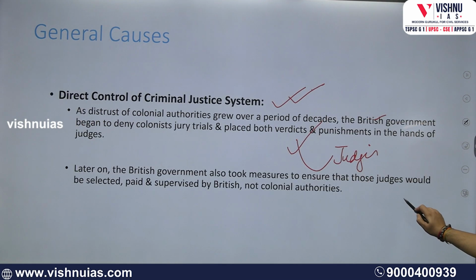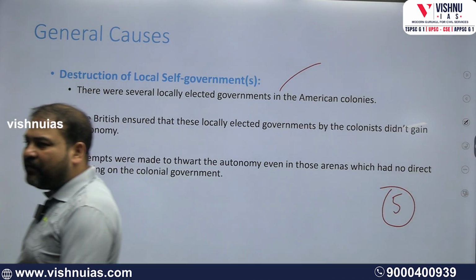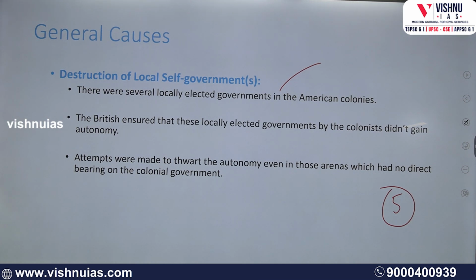So this was your fourth. Fifth, destruction of local self-government. Wherever there used to be elections earlier, the British authorities stopped having elections, and rather started to have appointments or nominations. Who would nominate? Directly the Britishers would nominate.